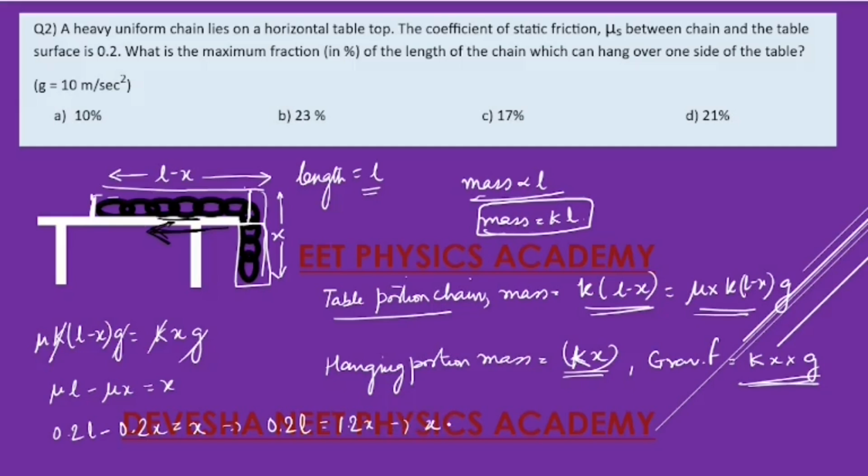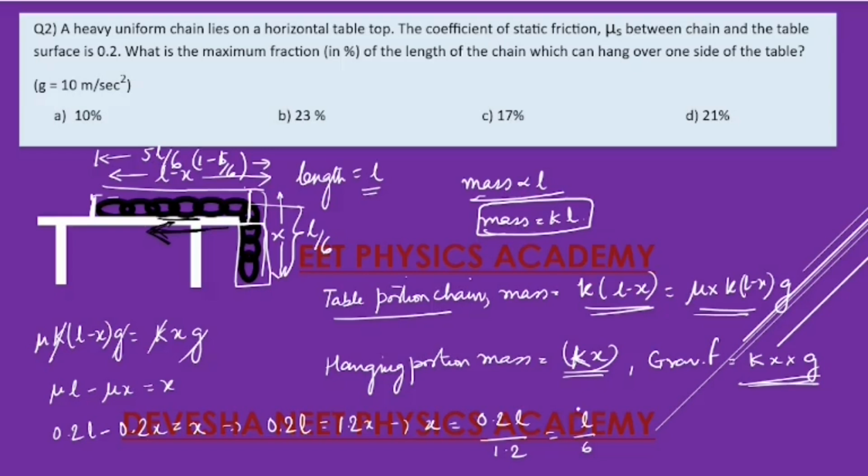Meaning X is equal to 0.2 L divided by 1.2, which is L by 6. Okay, so it means this portion of the chain is equal to L by 6, and the rest of it is equal to 5 L by 6, which is 1 minus 1 by 6, right? So this part is the chain on top of the table.